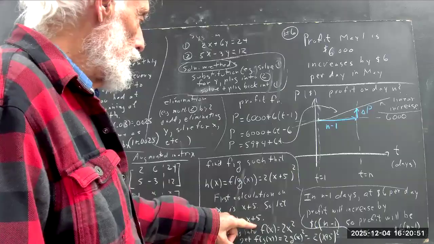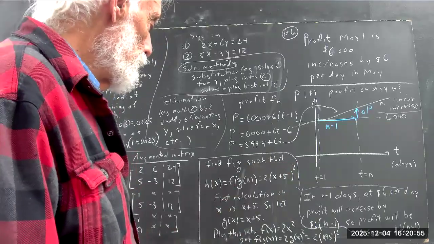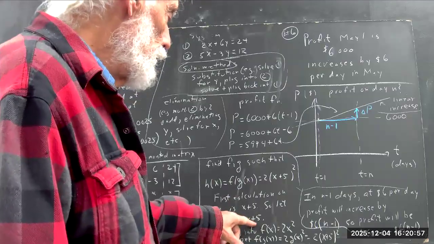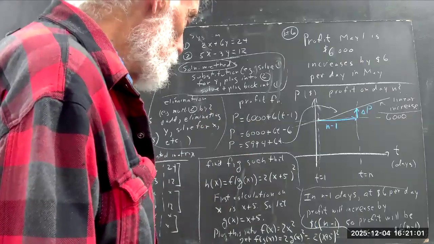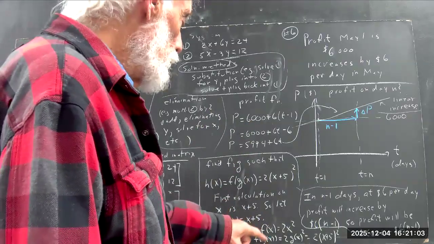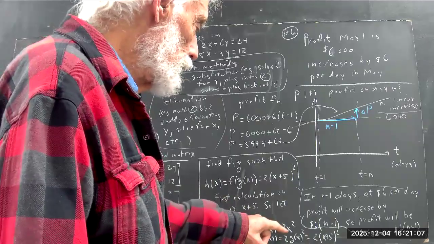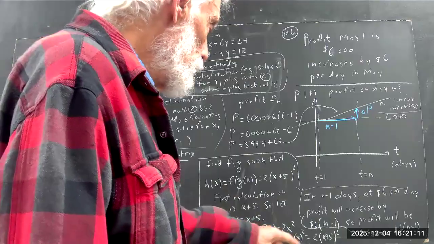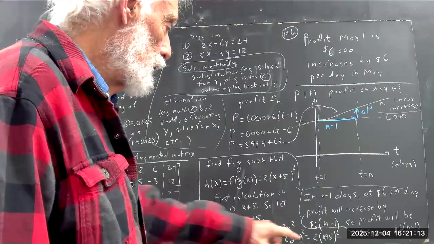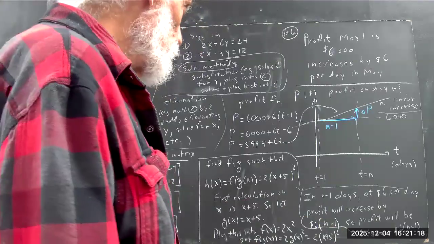Now, what would you plug that into to get 2 times the quantity x plus 5 squared? Well, if you plug g of x into f of x equals 2x squared, x gets replaced by g of x, and you get 2 times g of x squared, and if g of x is x plus 5, then you get 2 times the quantity x plus 5 squared.